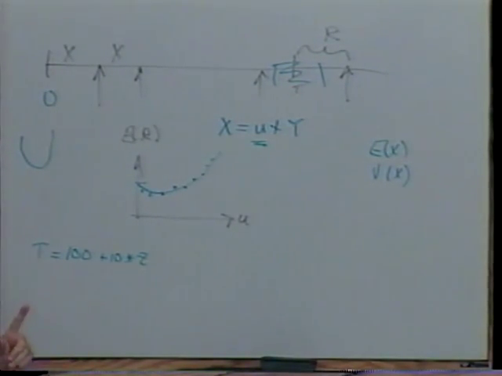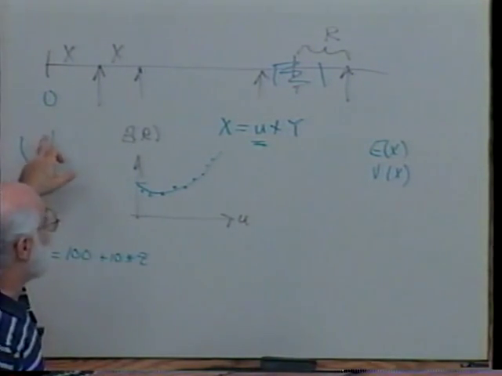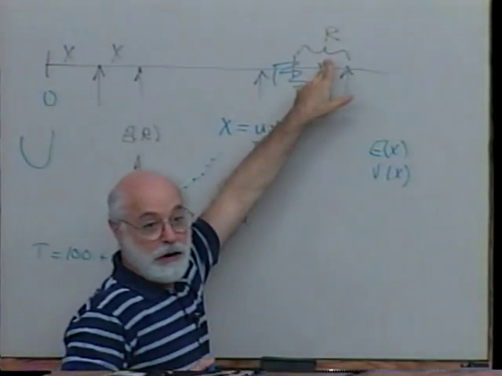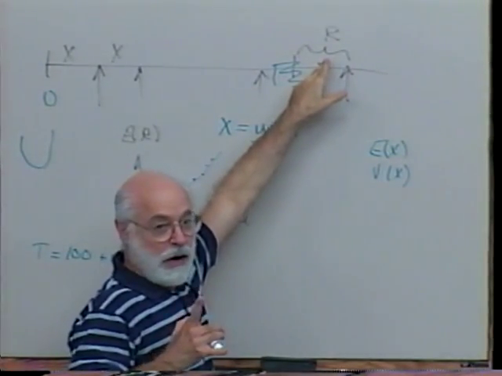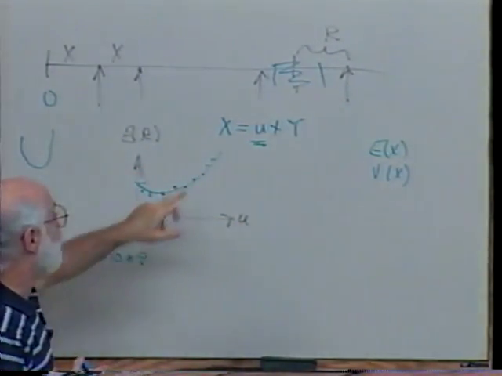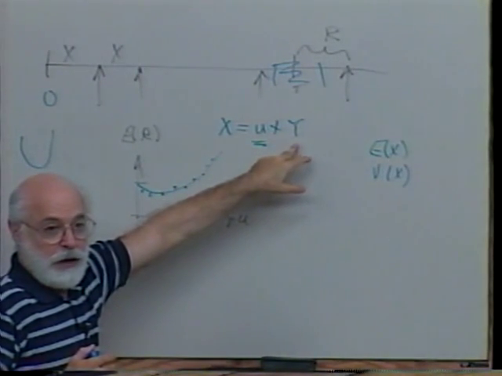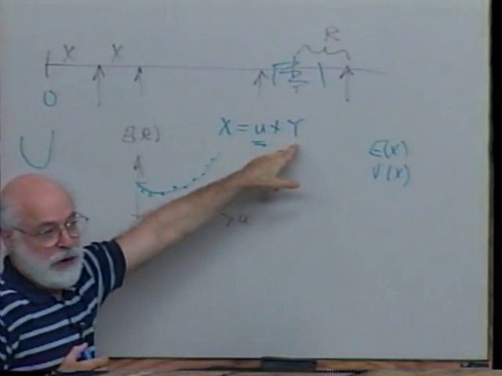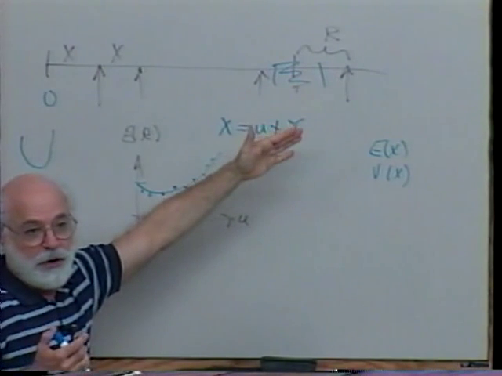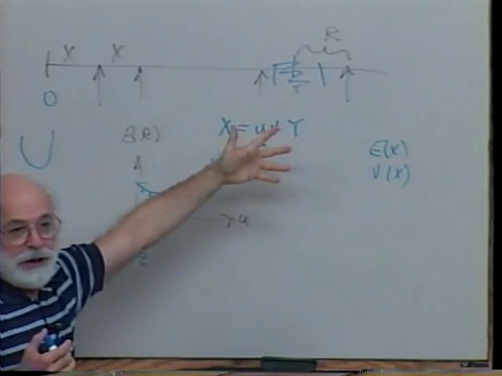Oh wait, each replication is a value of r, but in order to get r, you have to generate a whole bunch of y's. Yes. And maybe you have to generate 50 of those. I don't know how many you have to generate.